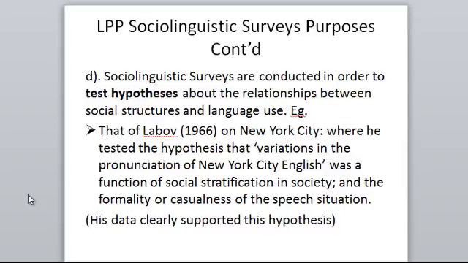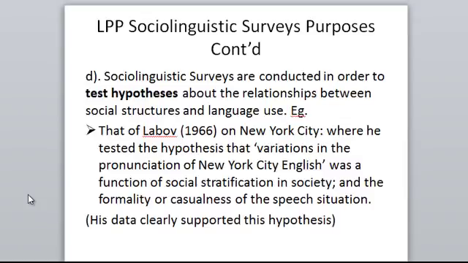And this is similar to what Labov did in New York City. And the formality or casualness of the speech situation is also very, very important because it signals whether one is of this social group or that social group. Now, his data clearly supported the hypothesis that variations exist in the use of language depending on the categories of the people as regards their social boundaries.